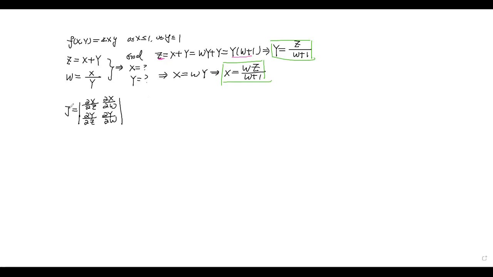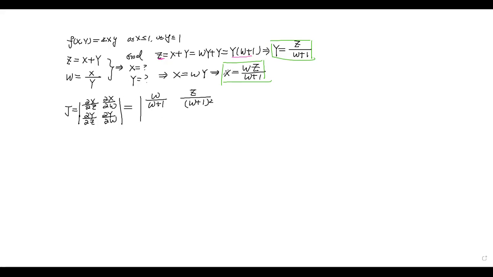Now we just do the calculus. Taking the partial derivative of x with respect to z, you have W over W plus 1. Then x with respect to w, you need to use the quotient rule, so this is W plus 1 squared on the bottom, and the top, after the quotient rule, I believe will be Z. You can double check that.